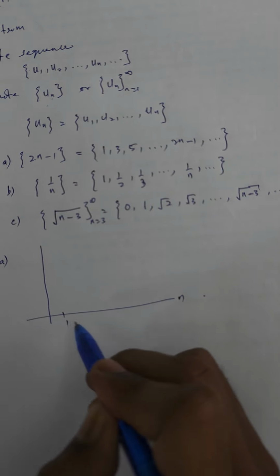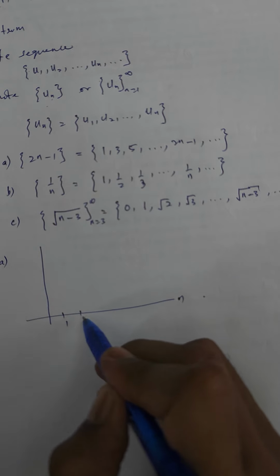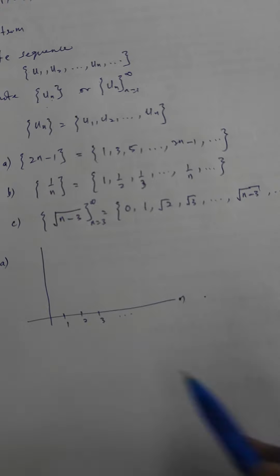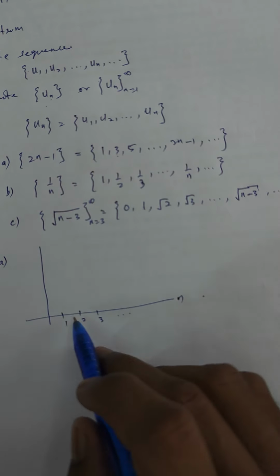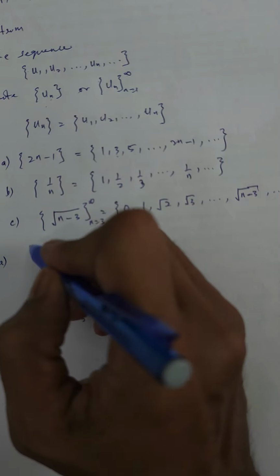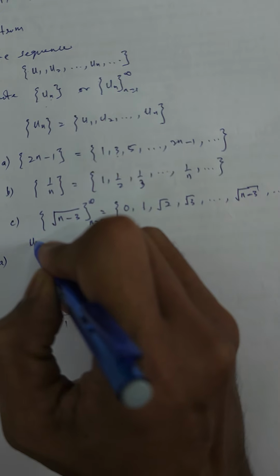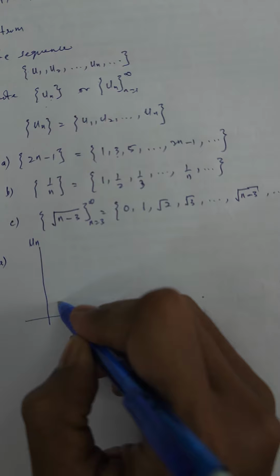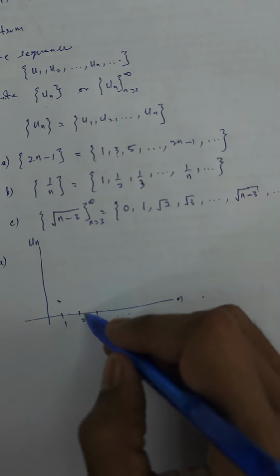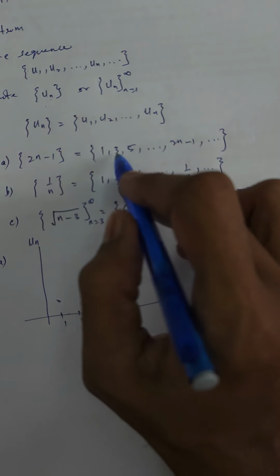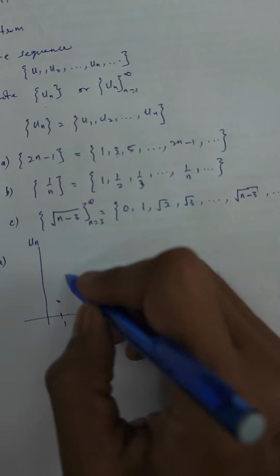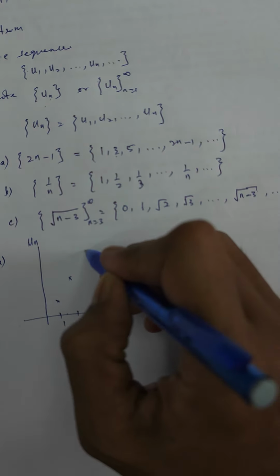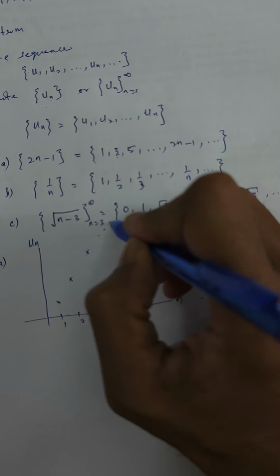So n is 1, 2, 3, and so on, and this is our un. When n equals 1, we have 1 here. When n equals 2, we have 3. This is the second term, 3. And then it goes to 5, and so on. It just goes like that.